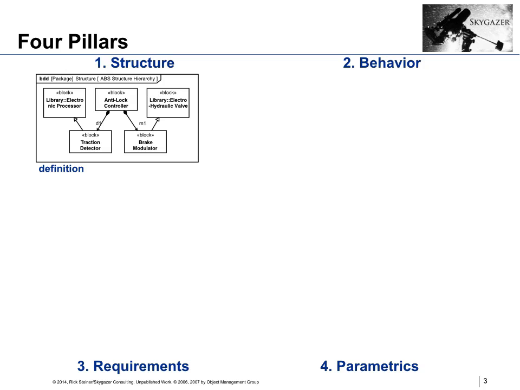You can also notice through the naming conventions used here, the namespace, that the electronic processor resides in a library which is actually external to the model that we're developing here, as is the electrohydraulic valve. What that allows me to do is say what the standard properties are for electronic processors, such as the need to have a certain clock rate, a certain memory size, or the fact that it even has a clock rate or memory size at all.